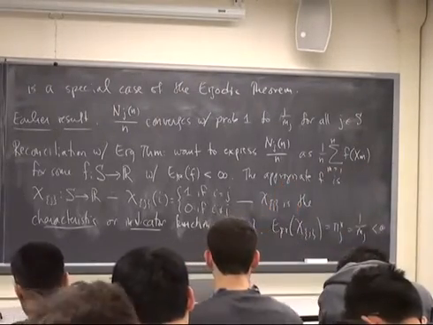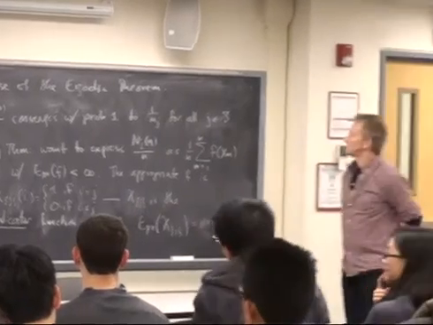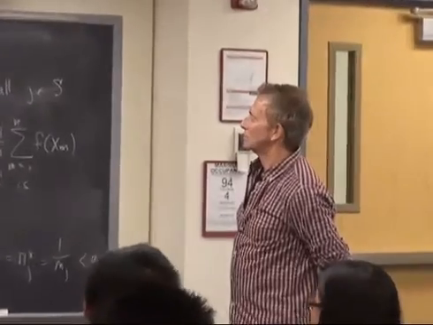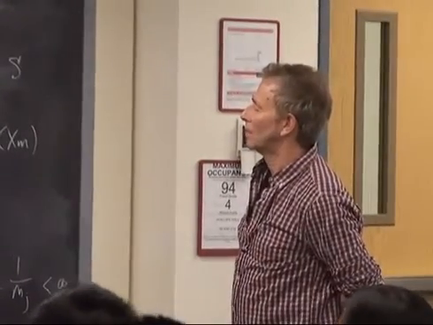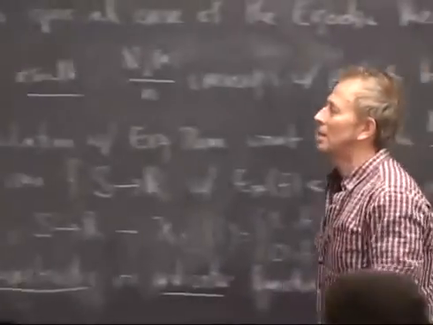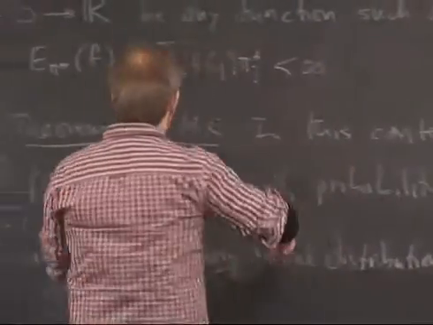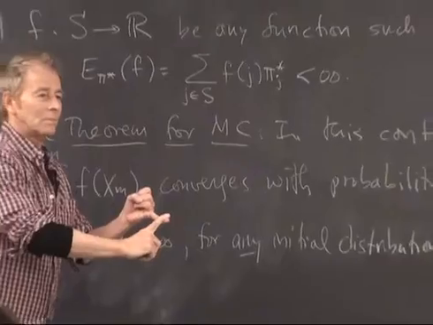I'm missing the link. What gives you the right to apply that to the Markov chain? Is there some property that has to be satisfied? It's all in this context. The context being the Markov chain is irreducible.